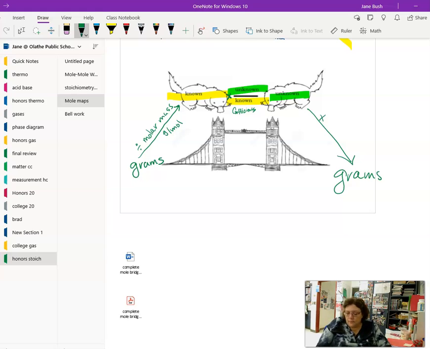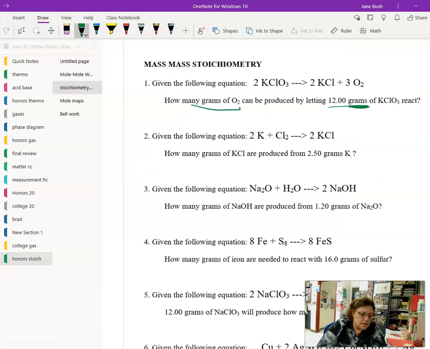In order to go from moles to grams, we multiply by molar mass. Okay? So that's the process. Now this is a 3-step process. You change to moles, known moles to unknown moles, and then moles back to grams. So let's try it.